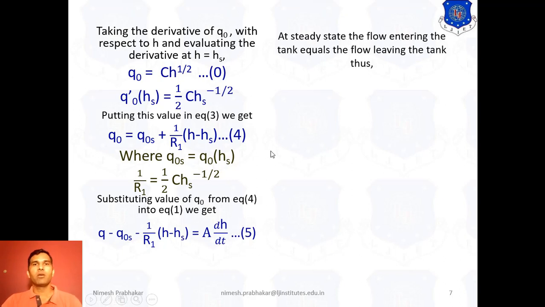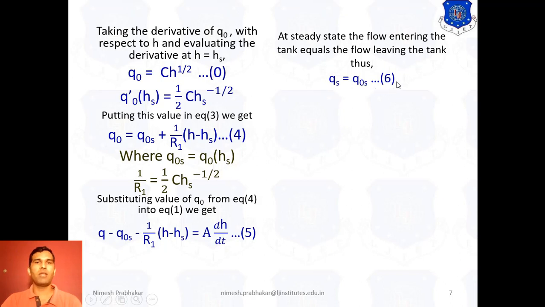Now, at steady state, the flow entering the tank is equal to the flow leaving the tank. So we can write Qs is equal to Q0s. That means this is the steady state value, Q0s is nothing but Qs.